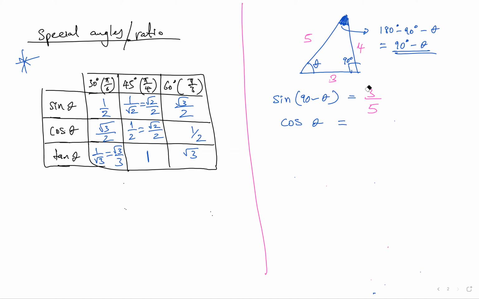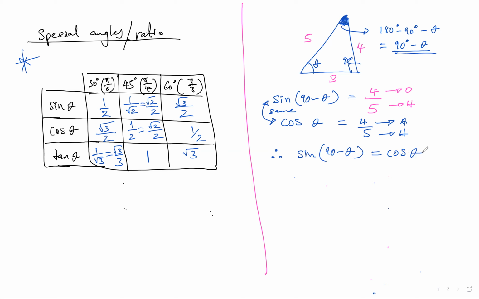My O is wrong, sorry. It should be 4. Yeah, 4 over 5. This is your O, this is your H. Now, for this, it's 4 over 5 also, but this time this is A and this is H. So you can see that both are the same. Therefore, the conclusion is that sine 90 minus theta is equal to cosine theta.